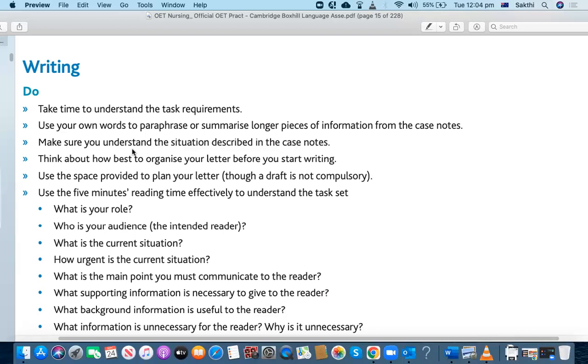And the second thing is, understanding the situation also is going to help you to arrange the paragraphs in your letter as well. Because let us assume that there is a situation where there is an urgent admission required for the recipient, for the patient.